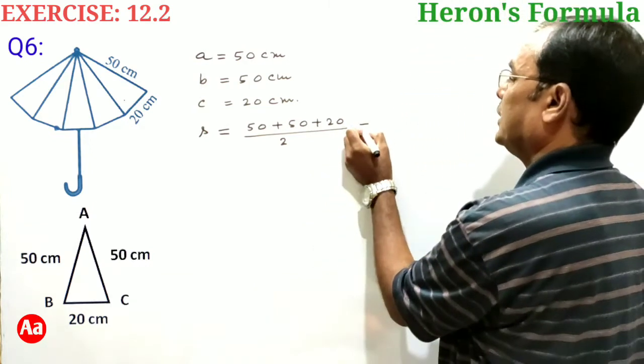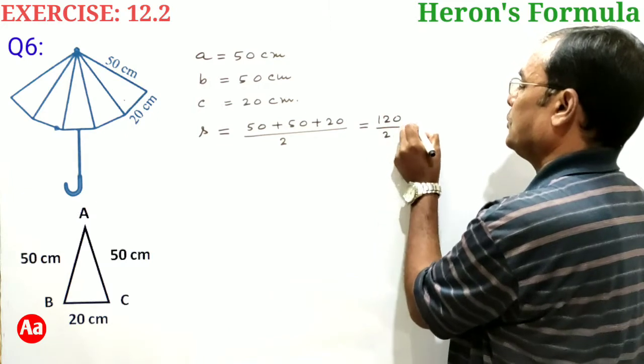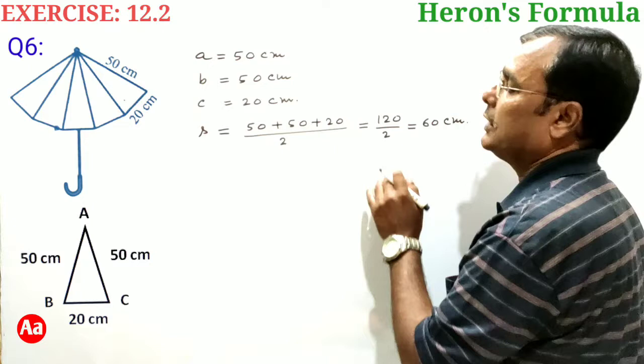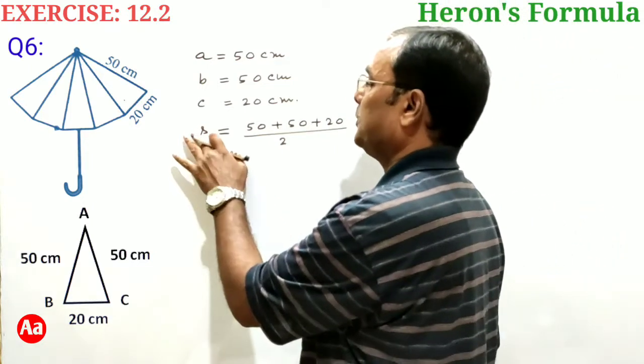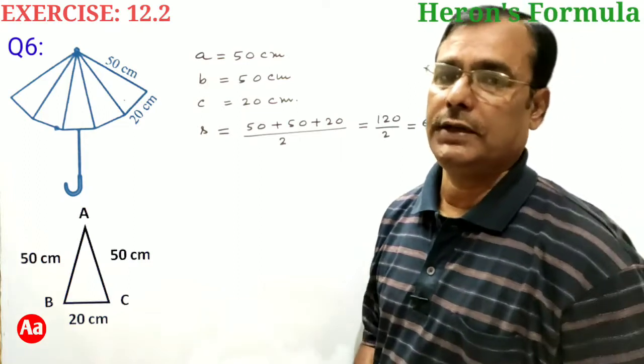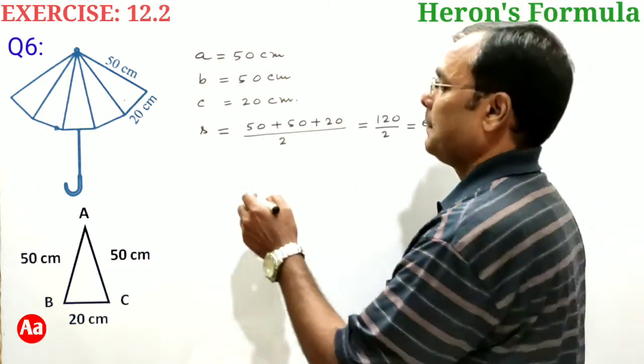This is 120 by 2, which is equal to 60 centimeter. So the semi perimeter of this triangular piece of cloth is 60 centimeter.